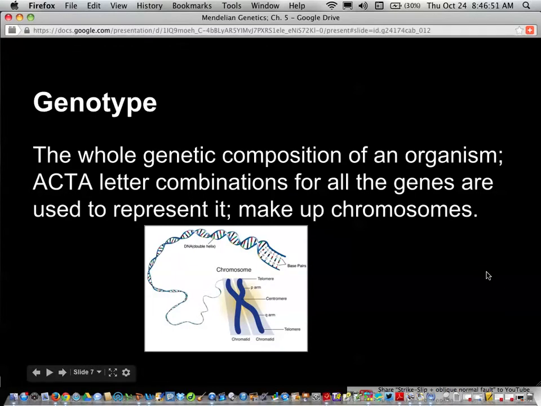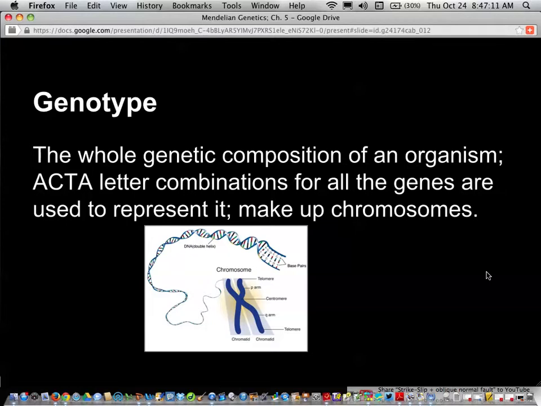Genotype, on the other hand, refers to the whole genetic composition of an organism. And it is the letter combinations for all the genes that are used to represent it. And it makes up the chromosomes.